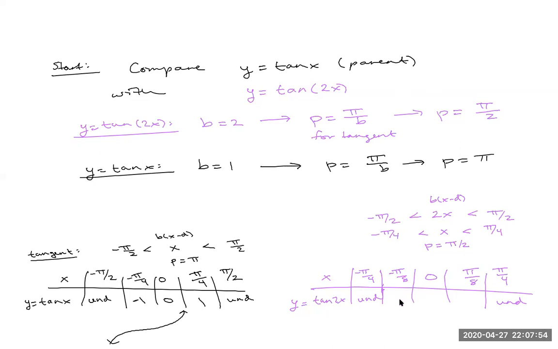Over here, we would expect the same y values, a similar shape, just thinner. Thinner than the parent, okay? All right, so let's go take a look at this on Desmos.